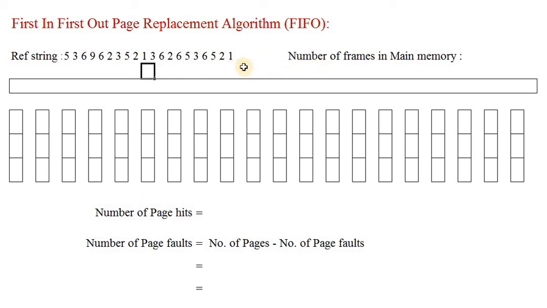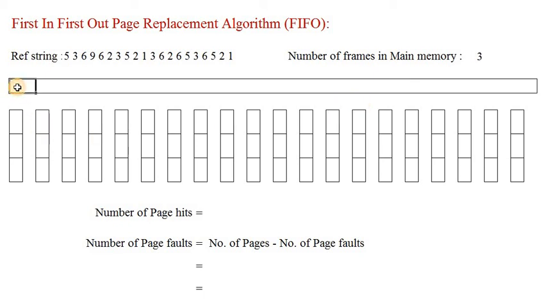First of all, to store all this data, we need to consider the number of frames in the main memory. Here let us consider the number of frames as 3. So there are 3 frames in the main memory.